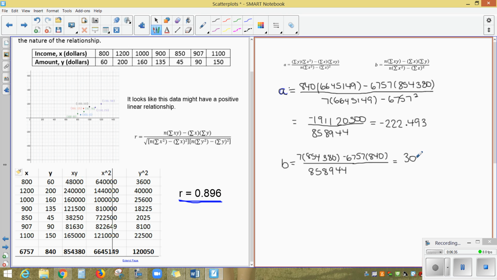This b is a positive value. We know that the slope should be positive if our line is increasing, we had that positive correlation coefficient of almost 0.9. So make sure you end up with a positive slope here.